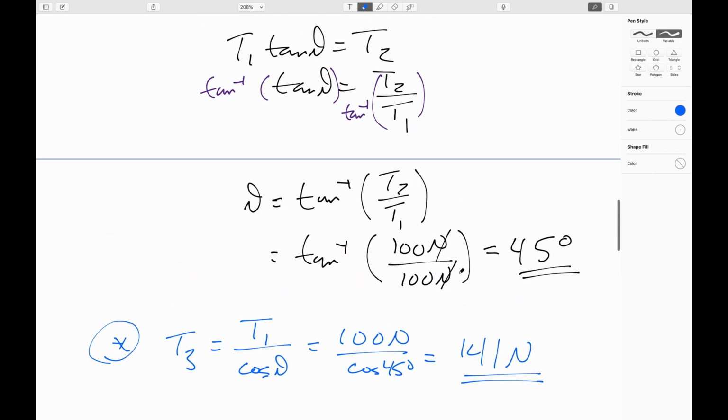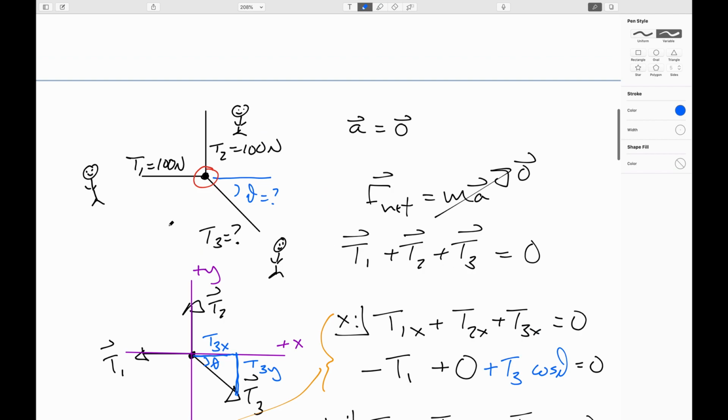And it's less than 200, which makes sense too, because 200 would be what you'd have to do if the two ropes were parallel to each other, T1 and T2. Here, though, because these people are pulling somewhat helping each other, but also somewhat at cross purposes, this person doesn't have to pull as much as 200 because they're partially working against each other.